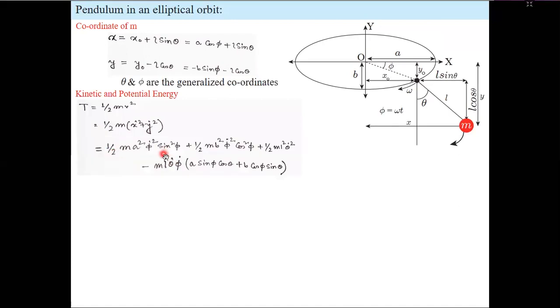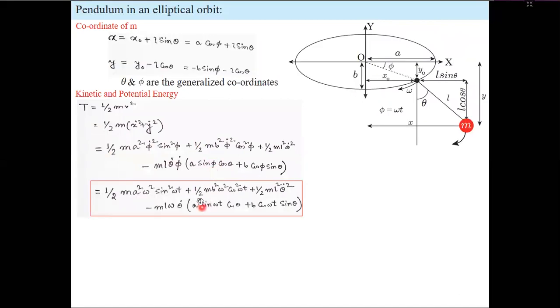And this is the expression for the kinetic energy, and you can see we have phi dot, theta dot, and these are the generalized velocities for this problem. And now if I use phi is equal to omega t, then it will come down to this expression, but it is up to you whether you stop here also, or you can consider this one also.